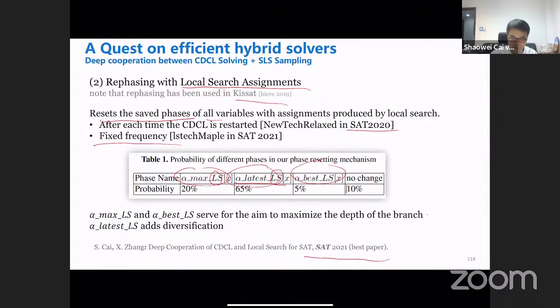So we record the local search assignments starting from alpha max and alpha latest. Alpha latest is the latest local search assignment, and best is the best local search assignment that we have found, because the local search procedure can be called multiple times during CDCL, and we record the best one.